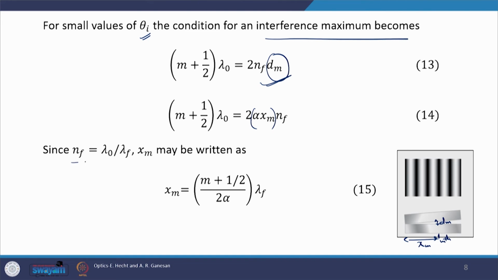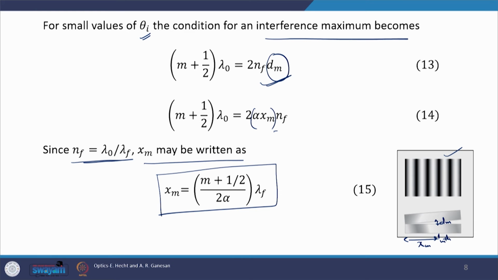Now, we have already defined that Nf is equal to lambda naught by lambda f in the last class. Therefore, xm from equation number 14 can be expressed by this relation, which is equation number 15. Now, if you plot these things, you can easily visualize that the fringes here would be straight line fringes.